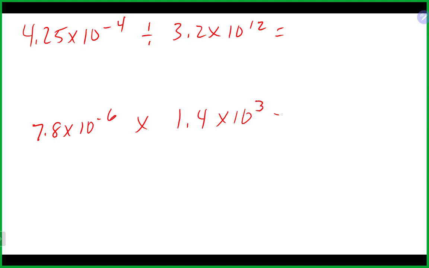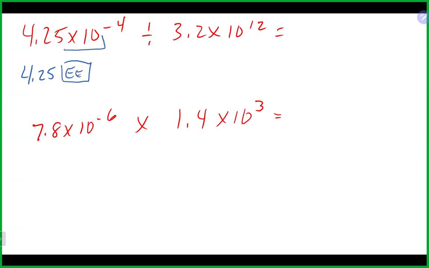All right, so for each of these, punch them into your calculator, get an answer. I'll do it as well since I made them up. We'll see if we get the same answer. Once again, if you were to punch this into your calculator, I would go 4.25, and at that point you would hit your exponent button.